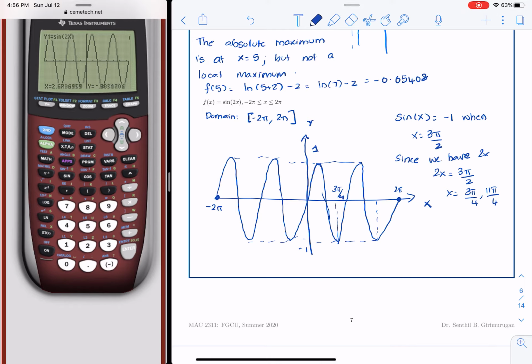So if we move along, we get that point, 11 pi over 4, about 8.6. But that actually goes outside of 2 pi, so that can't be. So let's see.